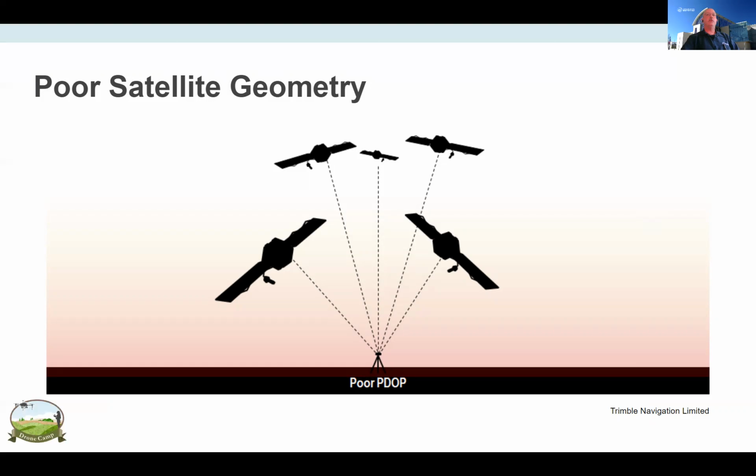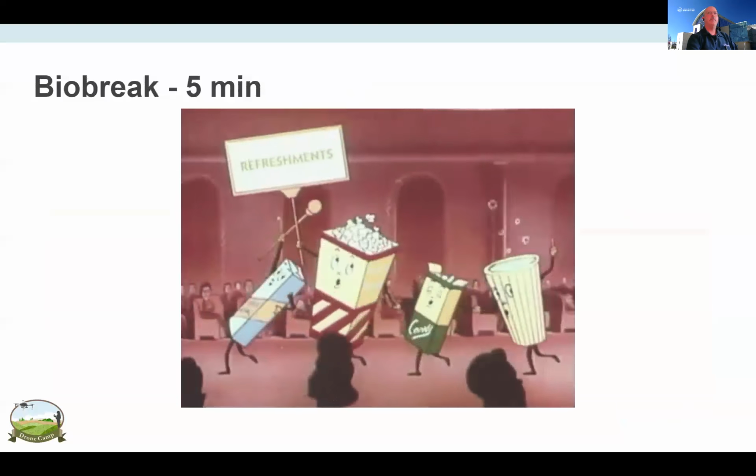It's a good idea for us to look ahead and, if we can, do a reconnaissance of the site, as well as use a satellite prediction tool to make sure that we're not going to have bad satellite geometry when we go out there, because it's the worst thing in the world, as everybody knows, to get into the field with all that effort and then find out that you can't get the data that you need.